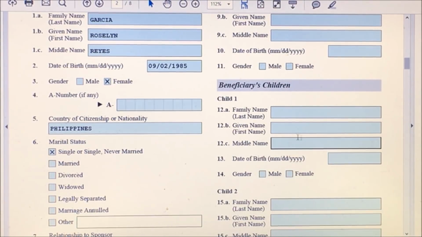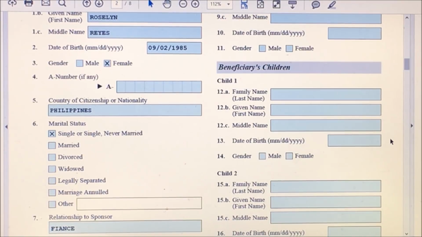Okay, beneficiary children. If you are sponsoring your brother, sister-in-law, and their two little children, information about those two children would go in here. Okay, but since I am single, I don't have kids, so we just leave it blank here.